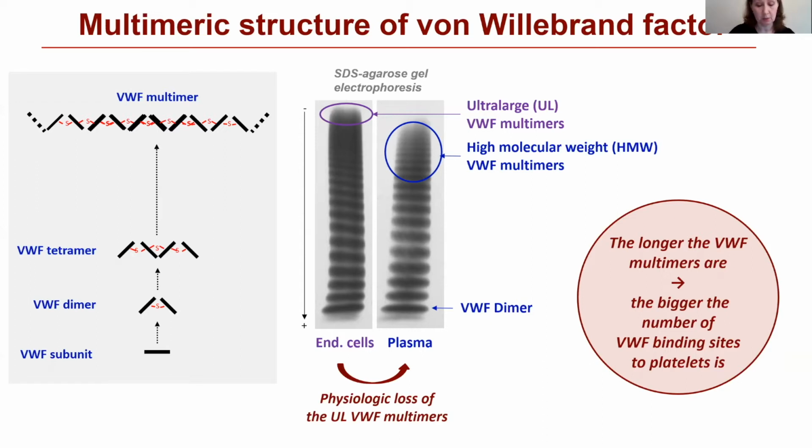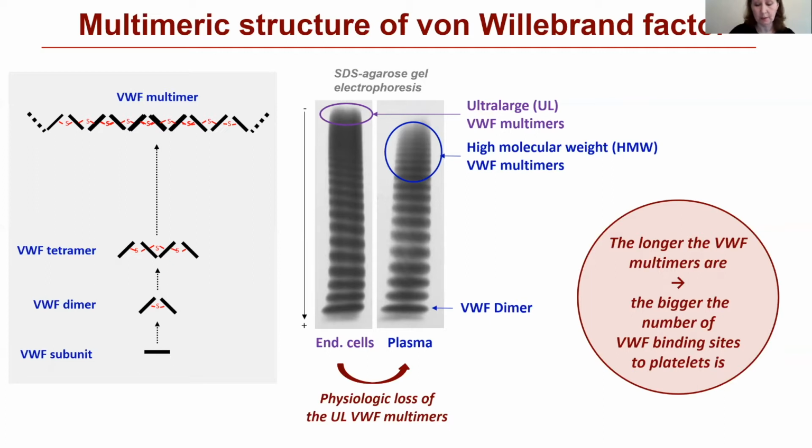The multimeric distribution can be visualized using an SDS agarose gel electrophoresis, where von Willebrand factor migrates as a function of its molecular weight. The dimer is the lowest band at the bottom of the gel, while the larger multimers are located on the opposite end, at the top of the gel.